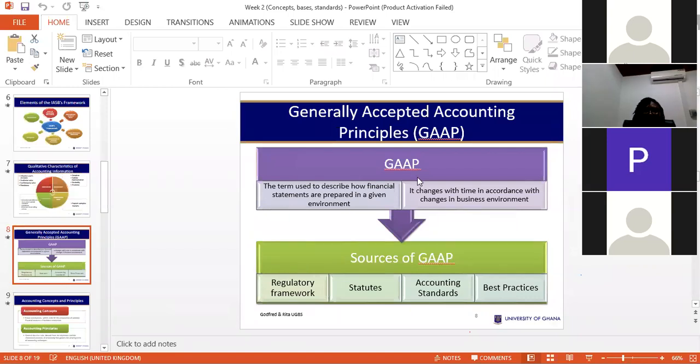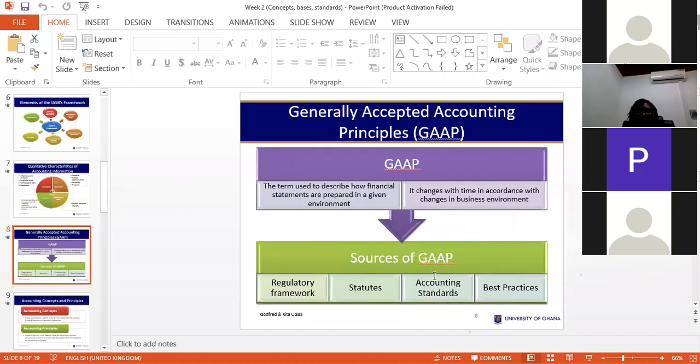And all these have been captured from regulations. So if we have the stock exchange information, some of it can find its way there to guide us. The statutes, so if it's about banking, the Bank of Ghana Act. If it's about mining, there might be some aspects relating to mining that would inform us.